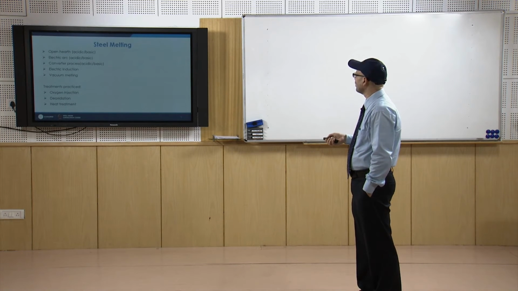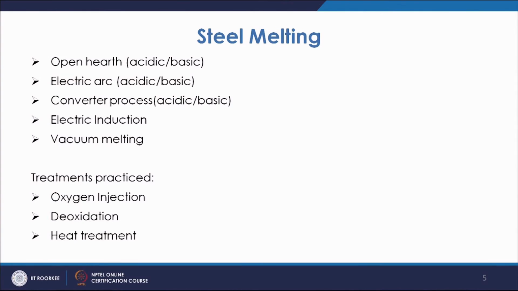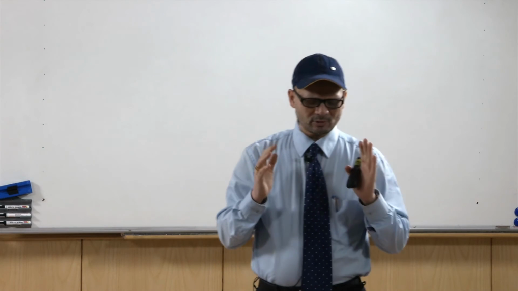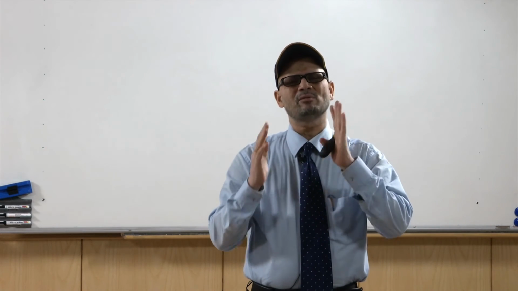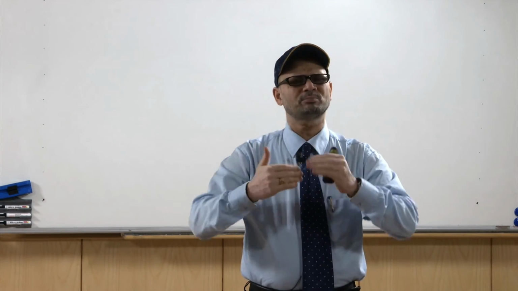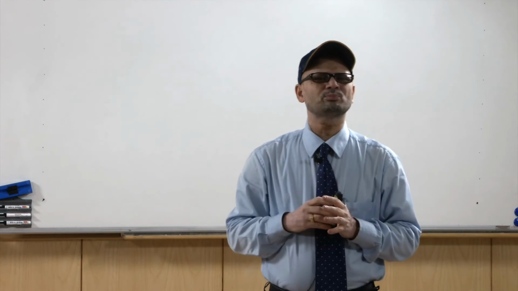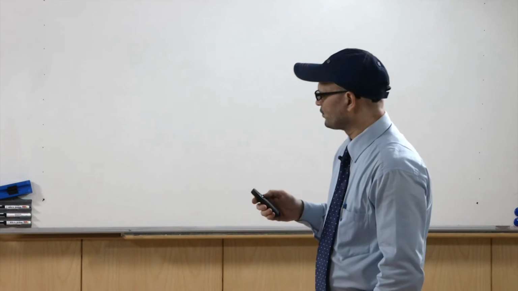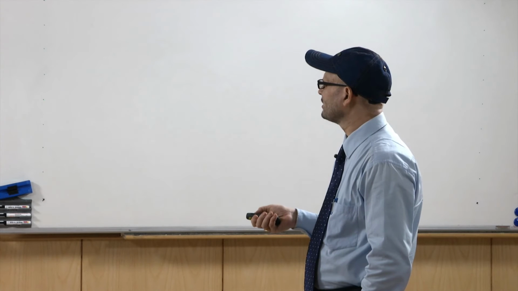Then you also do a lot of treatments, because in steel you need refining. There is a large possibility that oxidized products will form, and that will spoil its quality. So, these are the treatment practices.